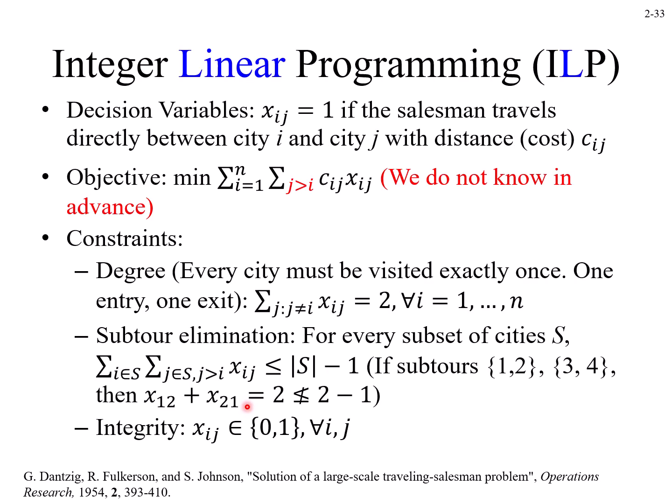So next we'll introduce integer linear programming based on this paper in OR again. We have a decision variable x sub ij, travel from city i to city j with a distance or cost c sub ij. Our objective function is to minimize the sum over the cities 1 to n, and the inner city j greater than i.